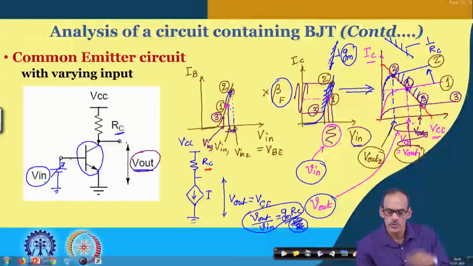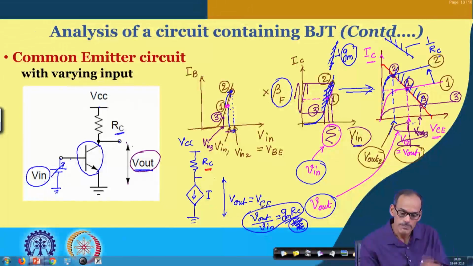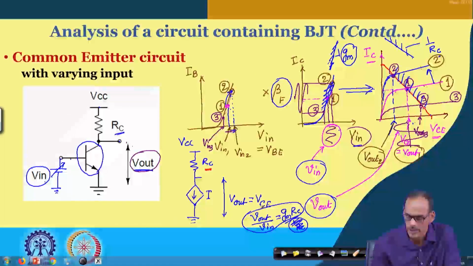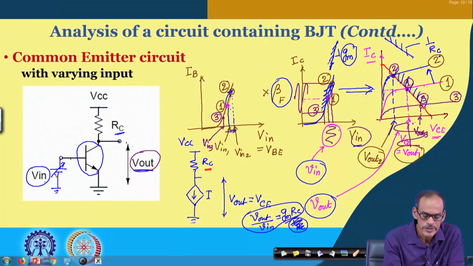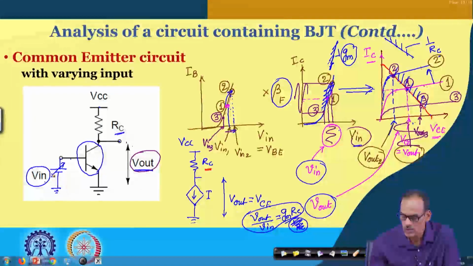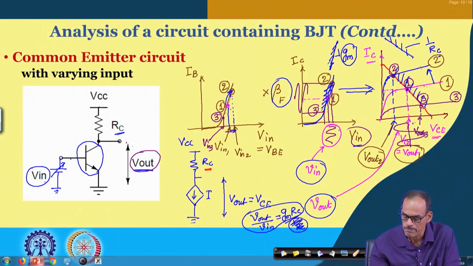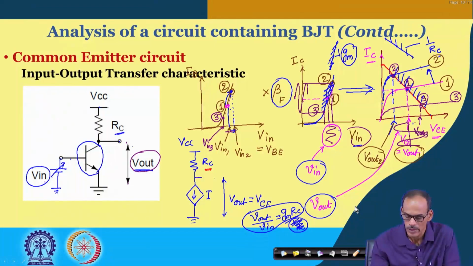So, that gives you some idea of how this circuit can be utilized as an amplifier. So, we are getting a notion of amplifier. Instead of changing this voltage slowly, if we vary it rapidly, probably we can find nice amplification. So, let us see. Yeah.